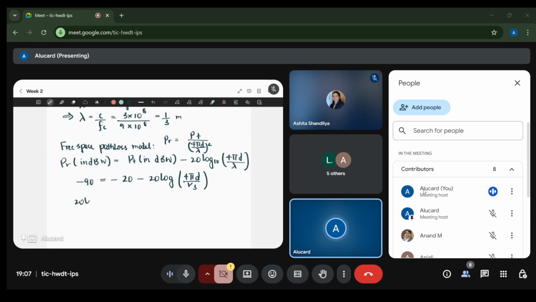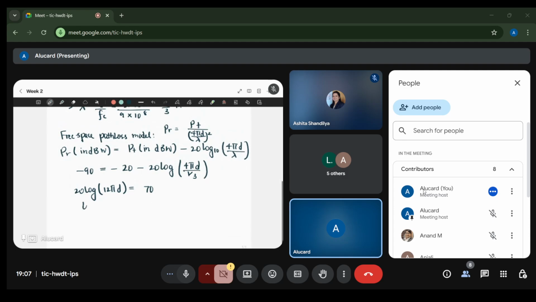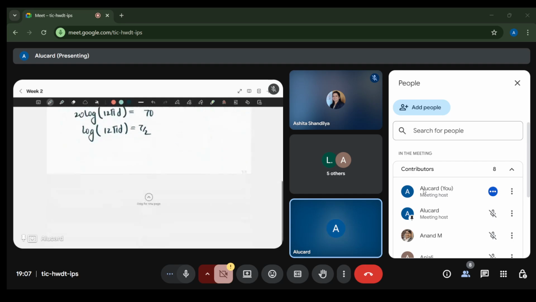So 20 log 12 pi d is equal to 70. Log of 12 pi d is 7 over 2. So d is 10 power 7 over 2 divided by 12 pi.